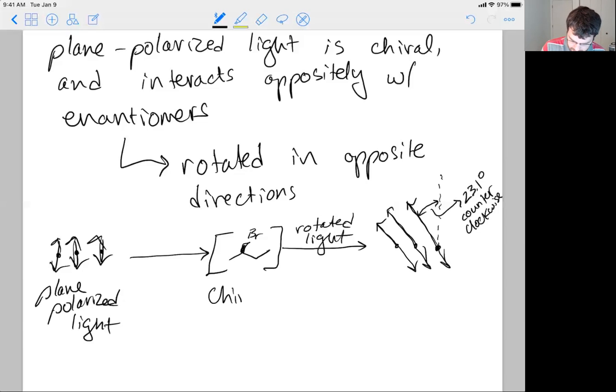So what happened is that our chiral object, the plane polarized light, interacted with the chiral object, which was a molecule, and it was rotated. It rotated the direction that the light was propagating. In this case, for this particular molecule, it is 23.1 degrees counterclockwise. That would change for different molecules, and sometimes that change can be predicted.